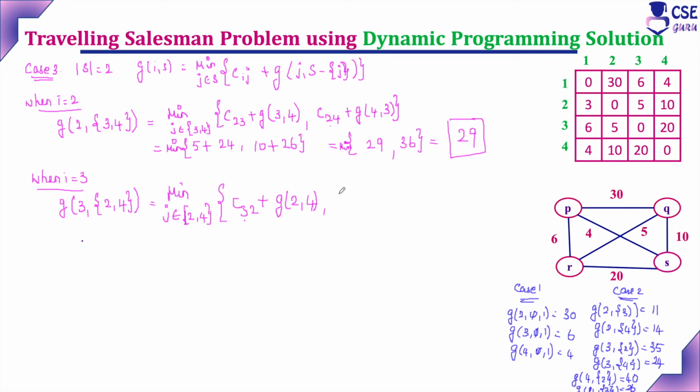Okay. Similarly here C 3, 4. Currently he is visiting third city. Next choice is fourth city in the sense after visiting fourth city there is one more city to be visited, that is 2.